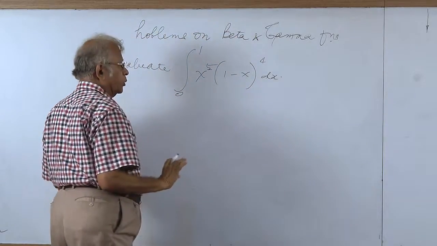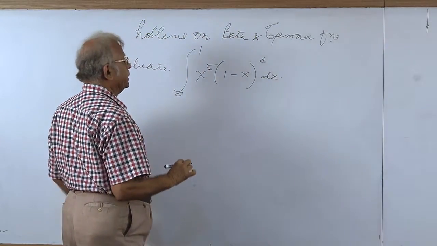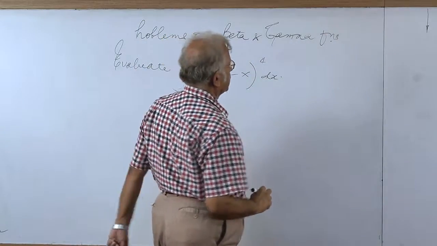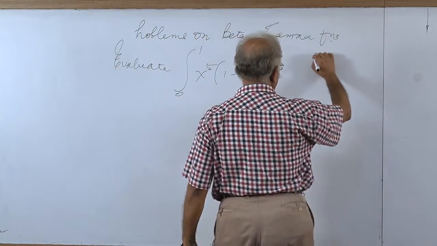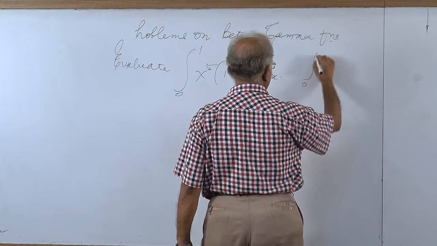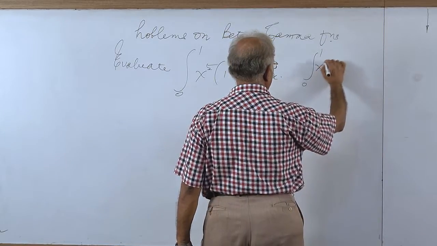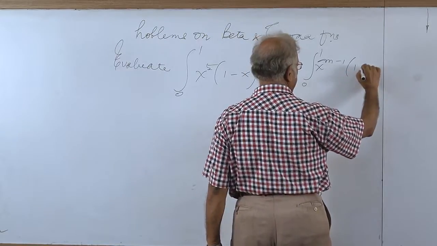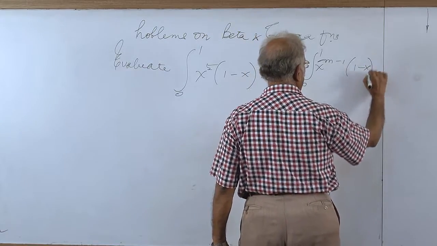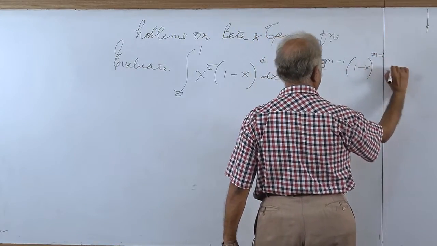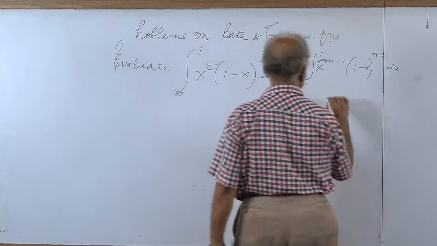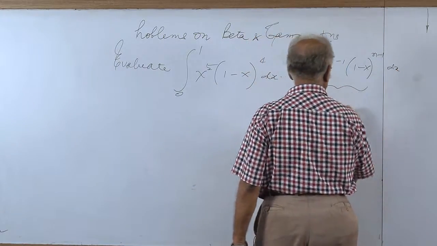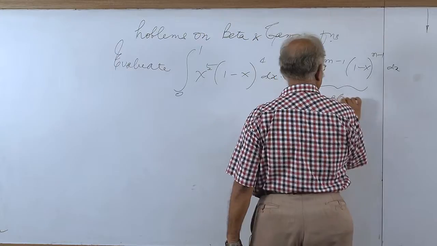This is absolutely straightforward because it fits into the category of an integral from 0 to 1 of x to the power of m minus 1, 1 minus x to the power of n minus 1 dx, and this is nothing but beta mn.